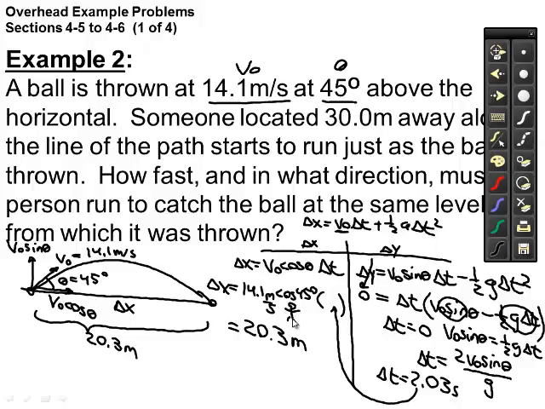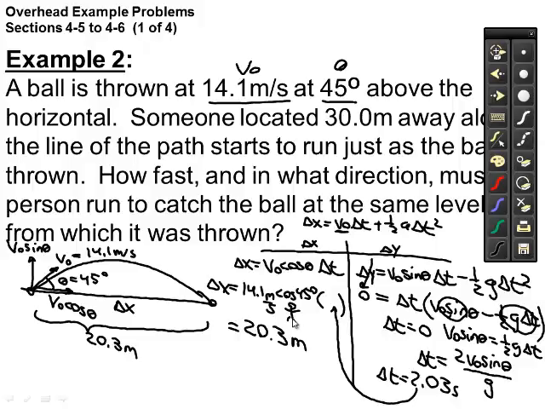How fast does he have to move in order to make it? On average, what's his average velocity if he catches the ball? 4.78. What'd you say? 4.78. Is that doable? Can a person run at 4.78 meters per second? So it's like half the length of this room in 1 second.